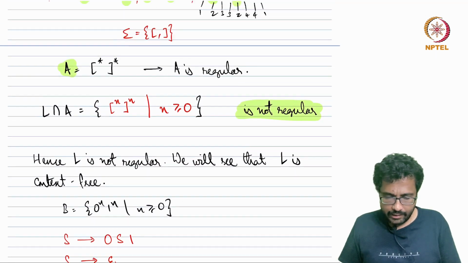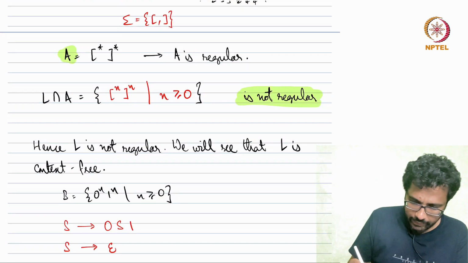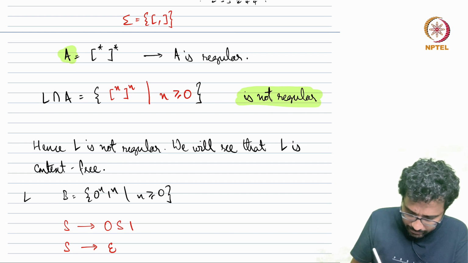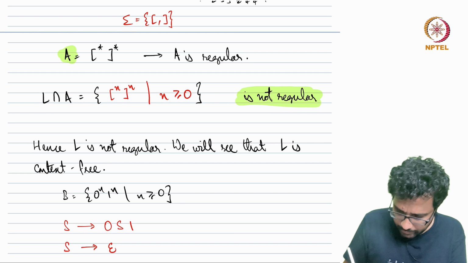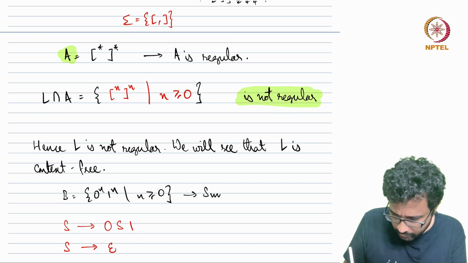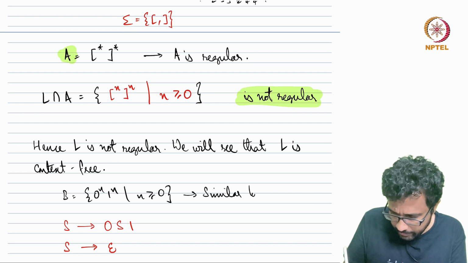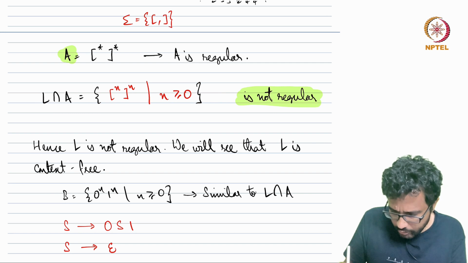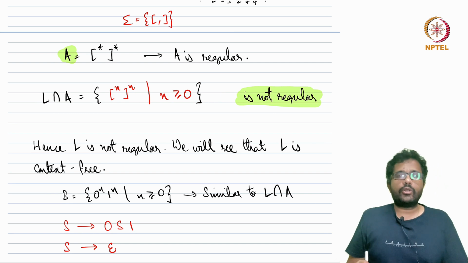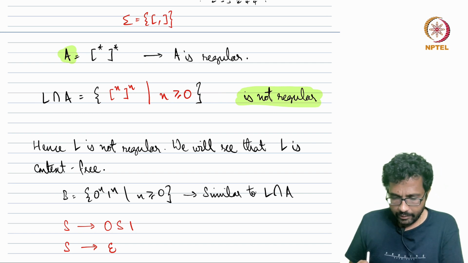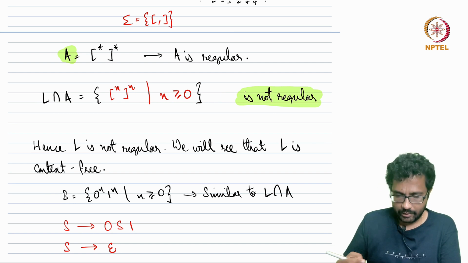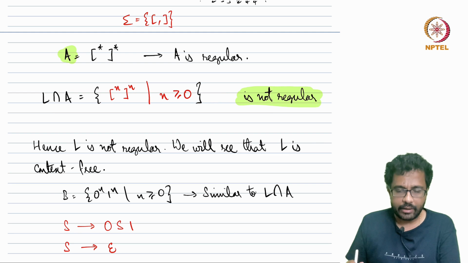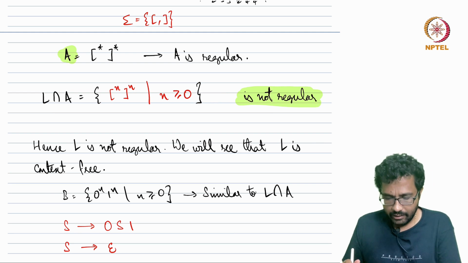Just quickly, I wanted to show something similar to the L intersection A language. Let's say B is just 0 power n, 1 power n. It is the same as L intersection A, but instead of open bracket we have 0, and instead of closed bracket we have 1.